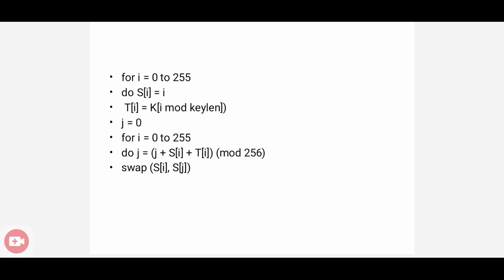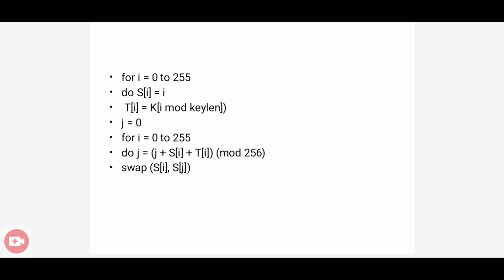So for i equal to 0 to 255, do j = (j + S[i] + T[i]) mod 256. First i equal to 0.